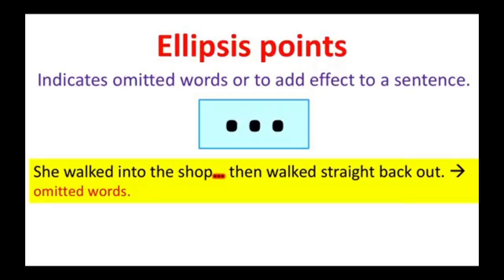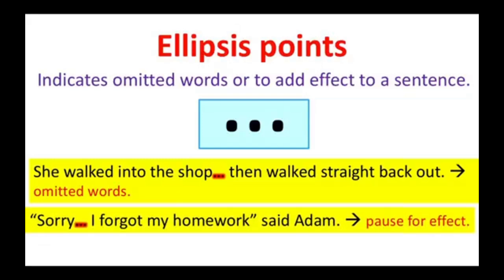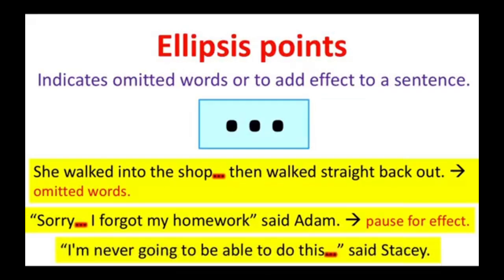Omitted means when words have been taken out of the sentence. "Sorry, I forgot my homework..." said Adam. This sentence shows us where ellipsis points have been used to create a pause for effect. Another example is, "I'm never going to be able to do this..." said Stacy.